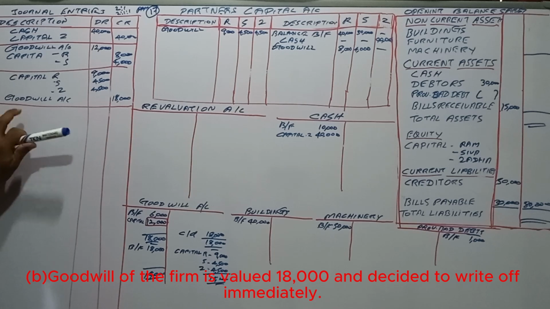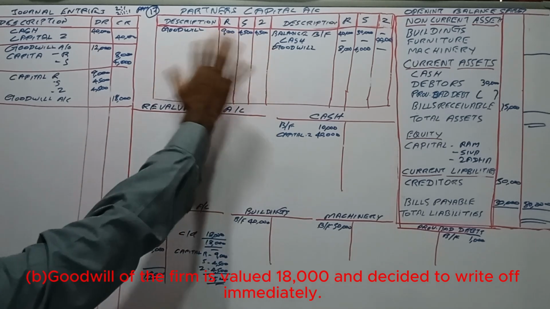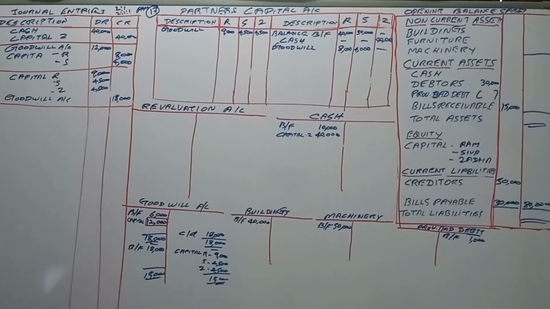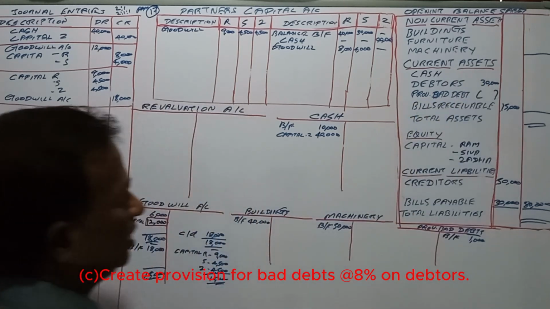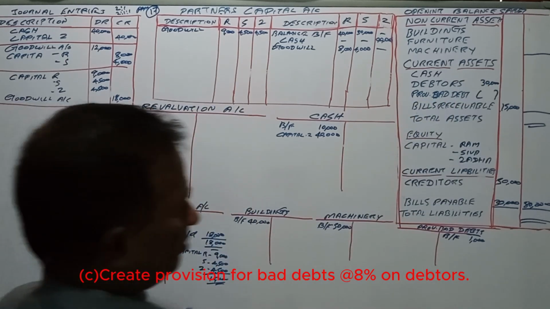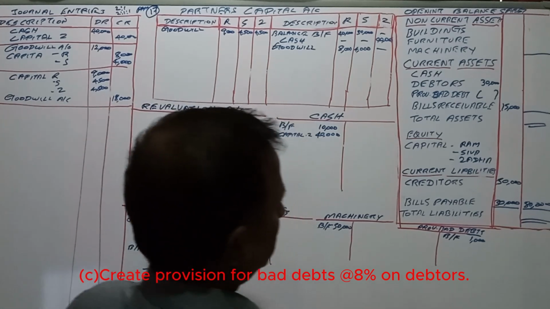Then capital, and we have done the double entries here, ledgers, right? And create provision for bad debts at 8% on debtors. Debtors how much? 30,000. In the 30,000, 8% is 2,400.